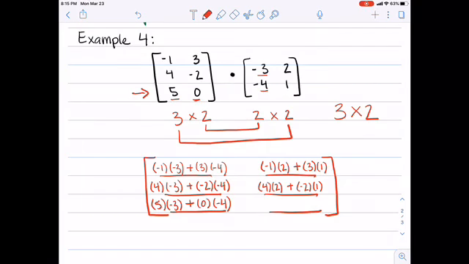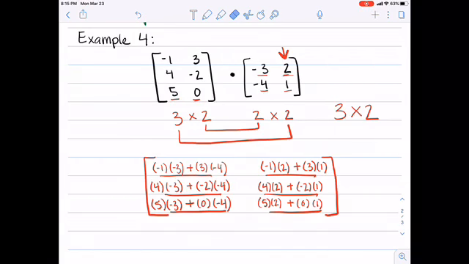Then, for my very last spot, I'm going to do my first row, or excuse me, my third row, times my second column. So I have 5 times 2 plus 0 times 1.